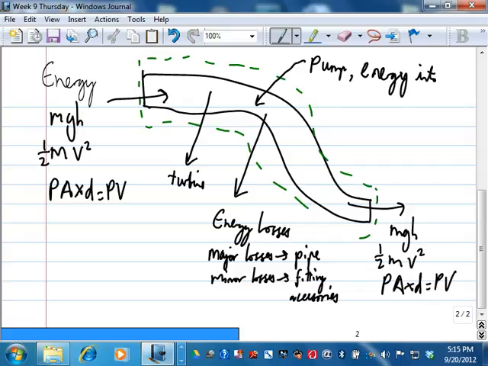So we have flow, we have potential energy, we have kinetic energy, we have flow energy: energy to push the liquid into the control volume, and energy that pushes the liquid back out of the control volume. And it carries potential, kinetic. We have a turbine, we have losses that take energy out without taking any fluid out, and we have a pump that puts energy in.